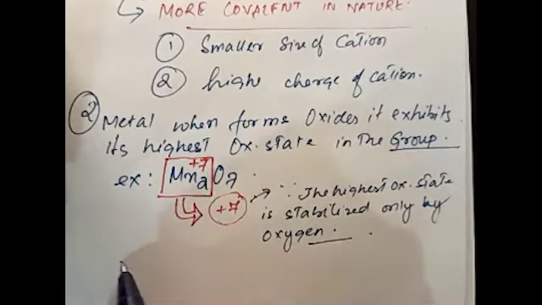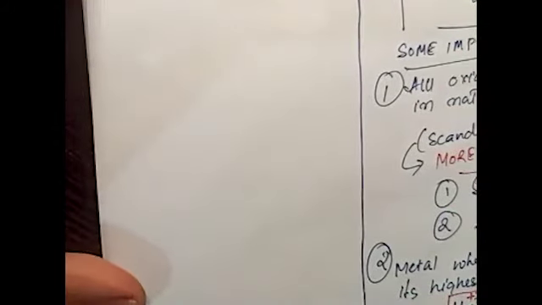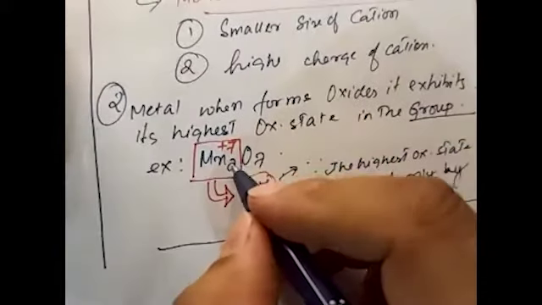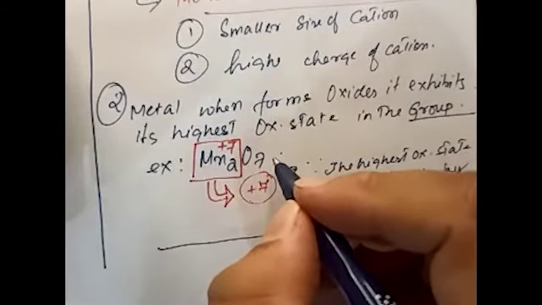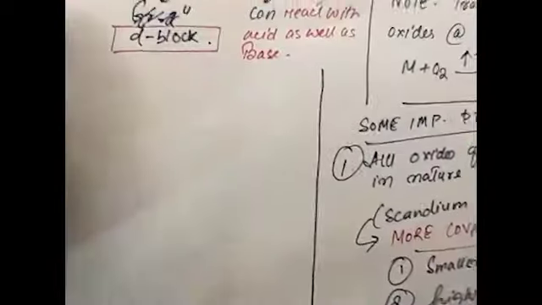Fine. Done. So this is all about our oxides, oxoanions especially, because MnO4 minus, okay, Mn2O7. So this is one compound. Then there are many other compounds, like you have all heard about potassium permanganate, right?